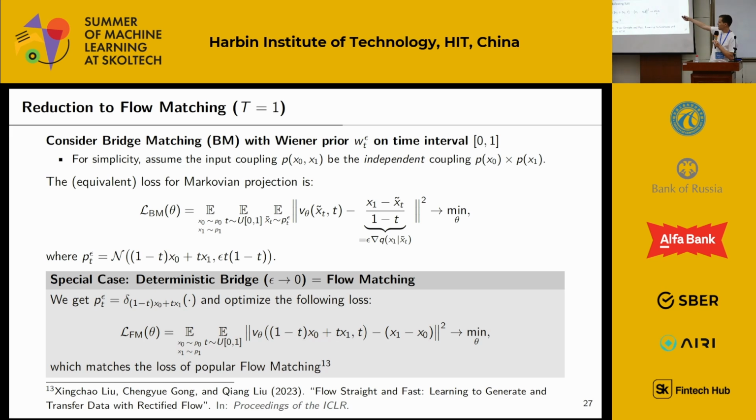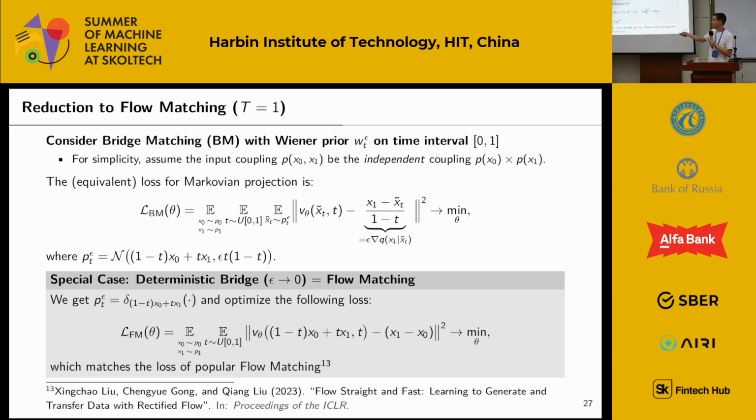Yes, and this will boil down to the standard objective which we have in flow matching. So roughly speaking, standard flow matching is a limiting case of bridge matching with the Wiener prior when the variance of this Wiener prior distribution converges to 0.